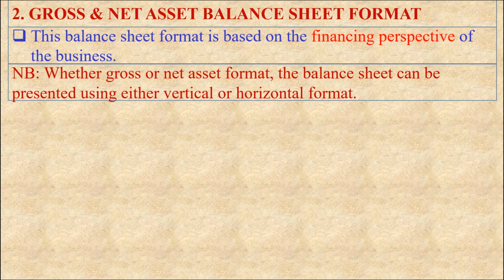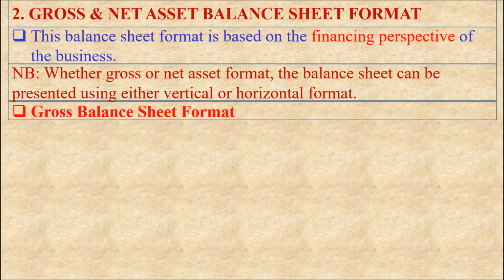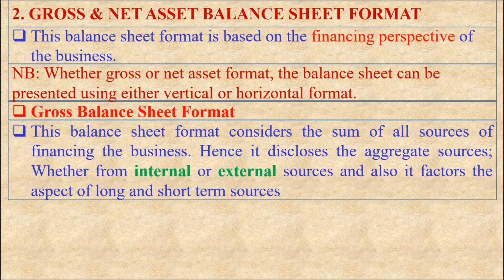So when we go to the gross balance sheet format, you realize this balance sheet format considers the sum of all sources of financing the business. Hence, it discloses the aggregate sources, whether from internal or external sources. And also it factors in whether the source of finance is long-term or short-term.